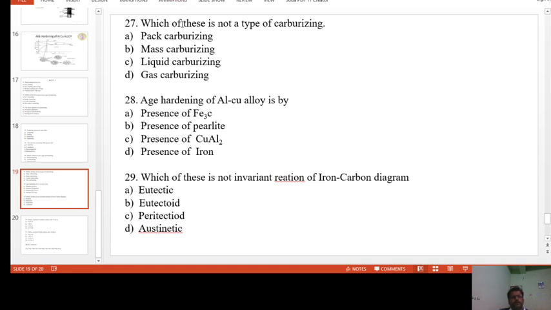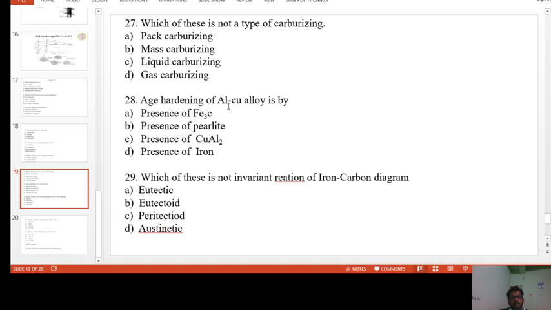And the other one is, which of these is not a type of carburizing? Pack carburizing, mass carburizing, liquid carburizing, and gas carburizing. We have seen pack carburizing, liquid carburizing, gas carburizing, and there is nothing as such mass carburizing. So this is the answer.